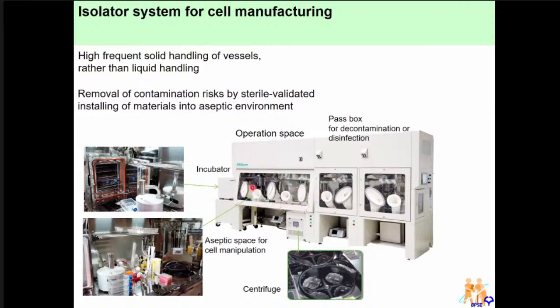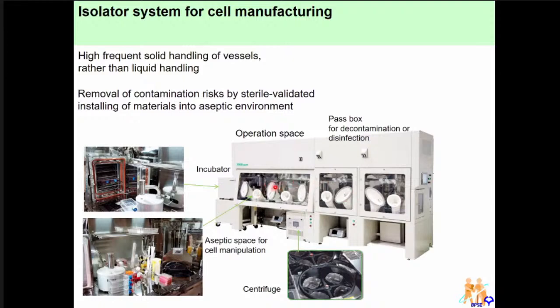Inside here, using the gloves, operation occurs under a good environment, I mean aseptic processing. To introduce cells or materials from outside, we put the pass box here, and after decontamination cleanup, we can install them into this area.